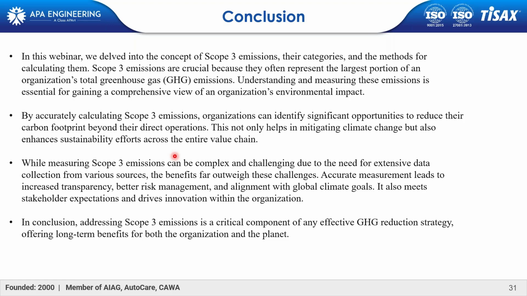Accurate measurements lead to increased transparency, better risk management, and alignment with the global climate goals. It also meets stakeholders' expectations and drives innovation within the organization. So in conclusion, addressing scope 3 emissions is a critical component of any effective greenhouse gas reduction strategy, offering long-term benefit for both the organization and the planet.